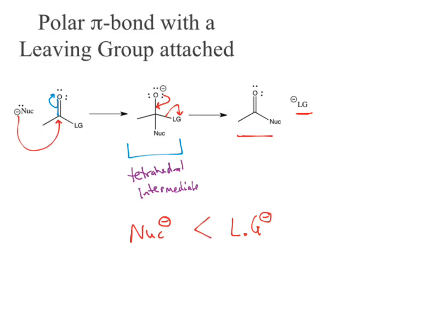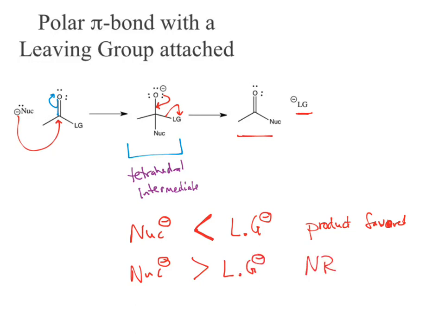If the leaving group is more stable, and don't just trust me that it means more stable, what does that mean? The reaction is bound to happen. The reaction is favored. Let's just say products. If the nucleophile is more stable than the leaving group, now what happens?